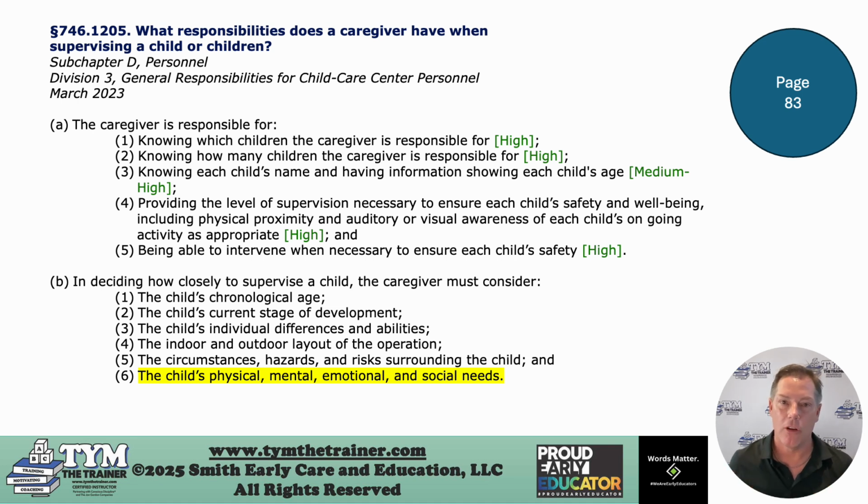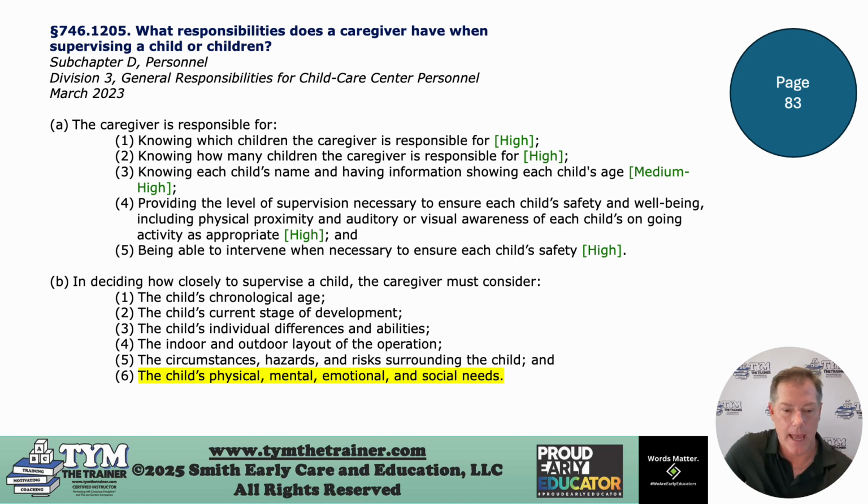When deciding how closely to supervise children, keep in mind their chronological age, their current stage of development, their individual differences and abilities, circumstances, hazards, and risks. And in number 6, once again, I love the child's physical, mental, emotional, and social needs. So again, really focusing on that individual child.